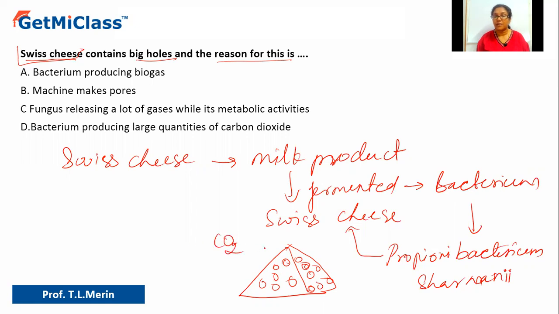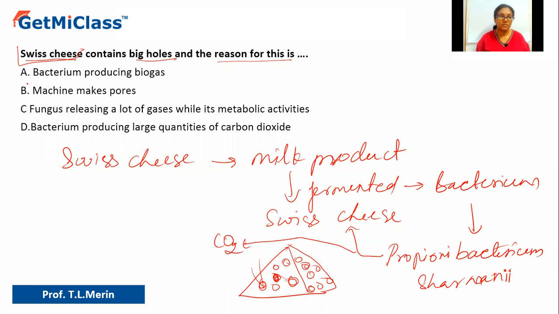The carbon dioxide is released during fermentation by this bacterial action. So when it is fermenting the milk product, a large amount of carbon dioxide is released, which will form tiny bubbles, and when these bubbles burst, it will release carbon dioxide and it makes holes in the cheese. Okay, and it remains like that.